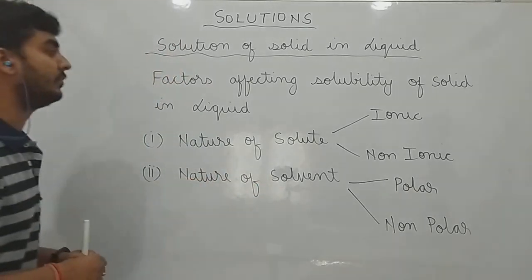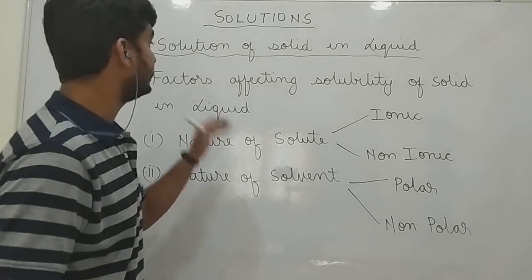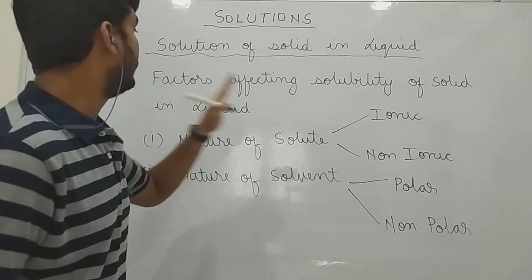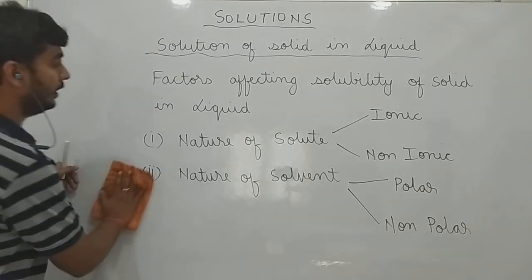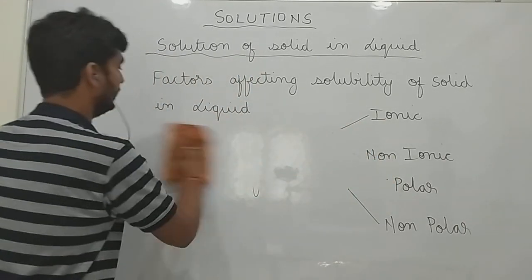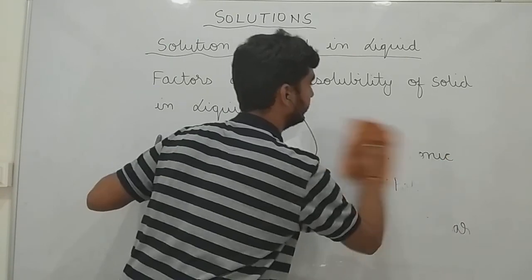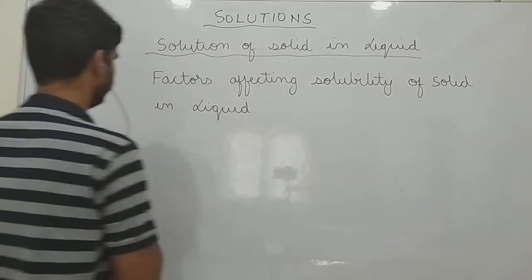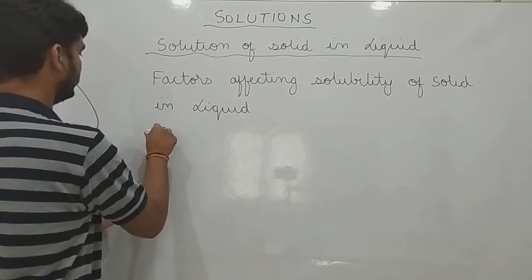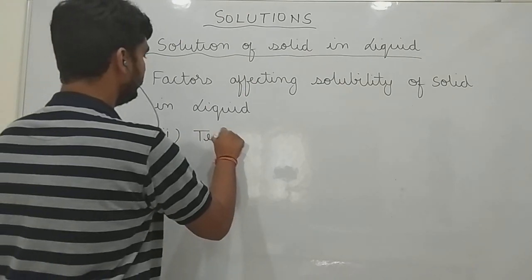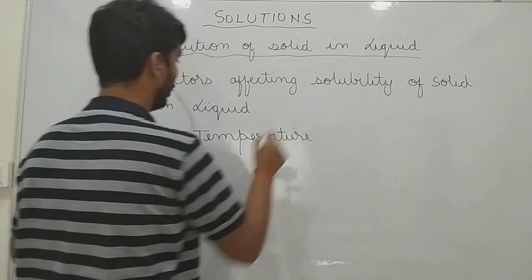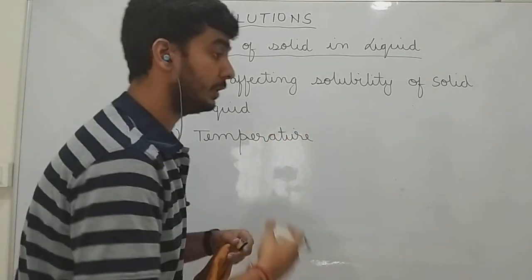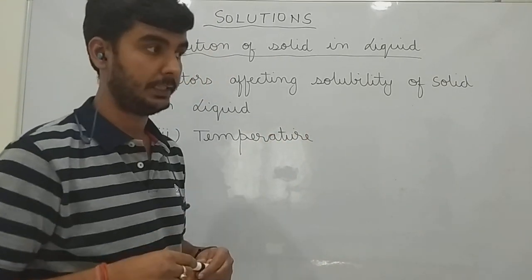So this is the second factor. The third factor which influences the solubility of solids in a liquid is the temperature. So let us see about the third factor, that is the temperature. Now, how will temperature influence the solubility of solid in a liquid?